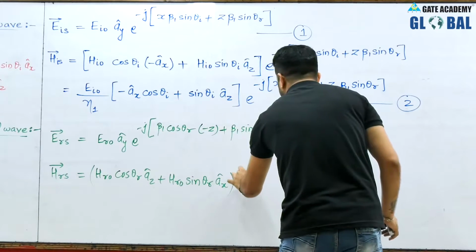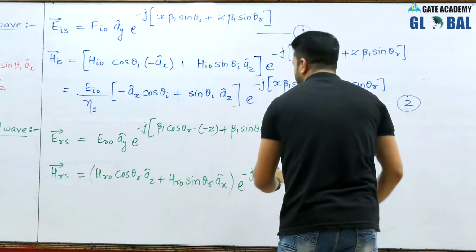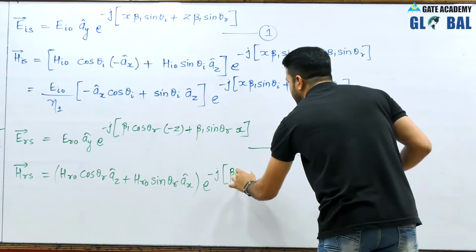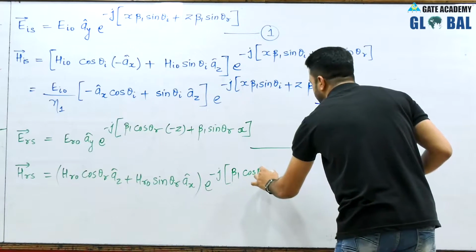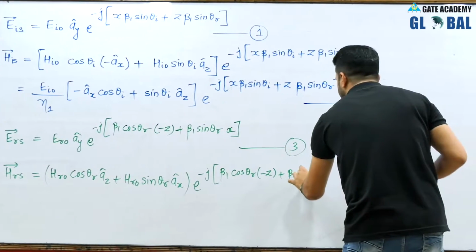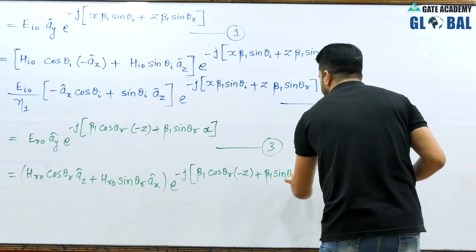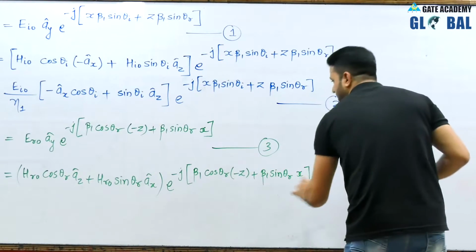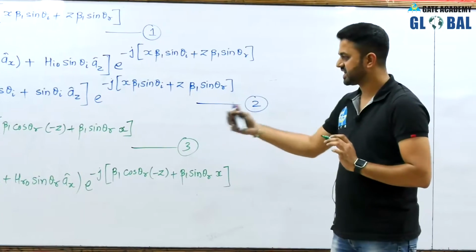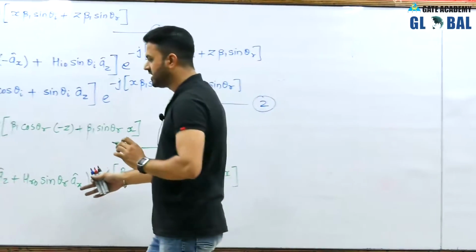And the direction of the propagation vector will not change, for the electric field and magnetic field both will remain the same. So this is beta 1 cos theta r multiplied with minus z and beta 1 sin theta r multiplied with x. We will not write the equation number here because again we will write in terms of the electric field.